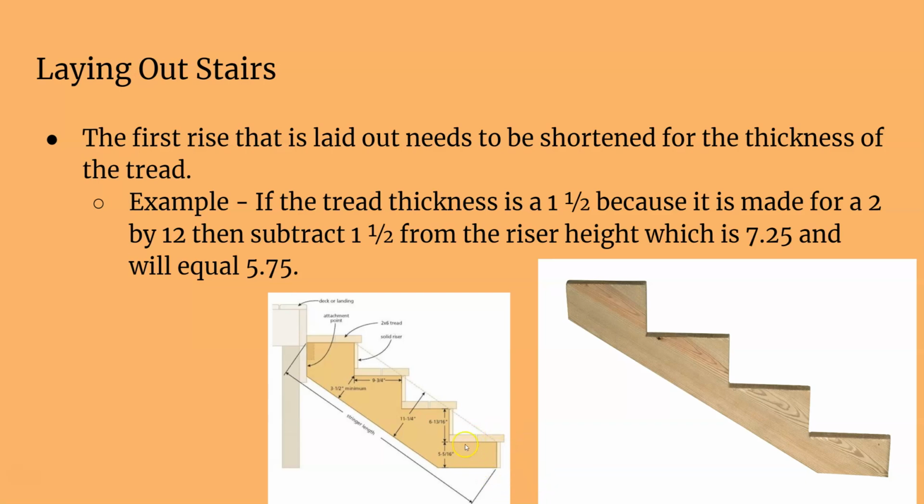So if you're going to put on a 1.5 inch thick 2x12, you're going to want to take 1.5 inches off the bottom, because when you put the tread on, it makes it the height that you want, and then it all equals out from there. It's because you're going from the floor, which has no height, to on top of your tread, and that's why you need to change it.